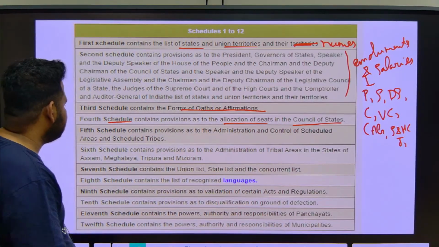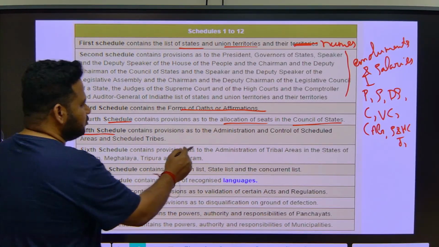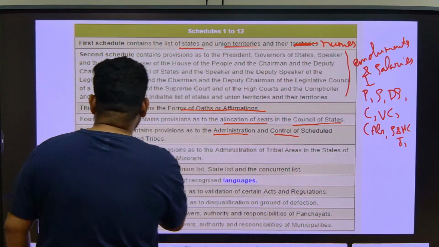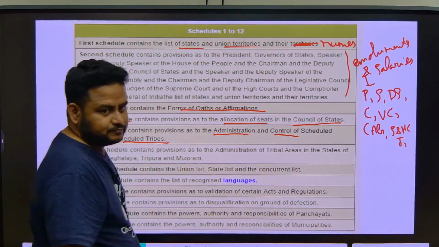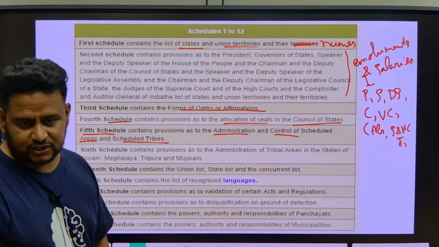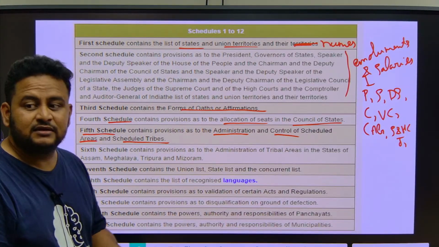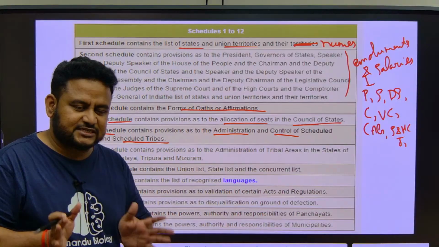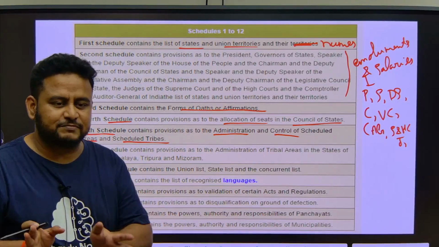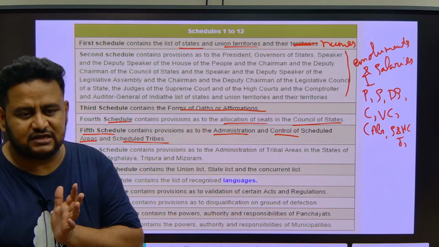Fifth is very important. Fifth schedule contains provisions related to administration and control of scheduled areas and scheduled tribes. Area means geographical location. Scheduled tribes means a particular section of the society.